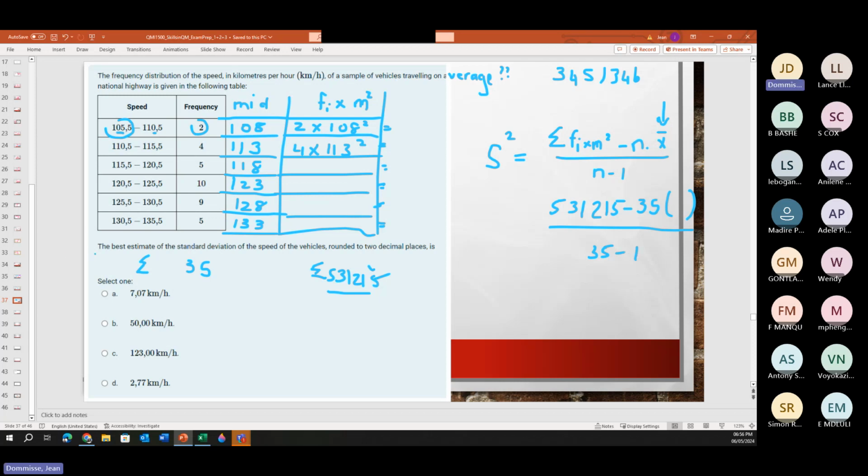Because it could also have been that they say at the bottom here, the best estimate of a standard deviation of the speed of the vehicles rounded to 2 decimals. Okay, so they probably in there gave the average. So let's quickly see.